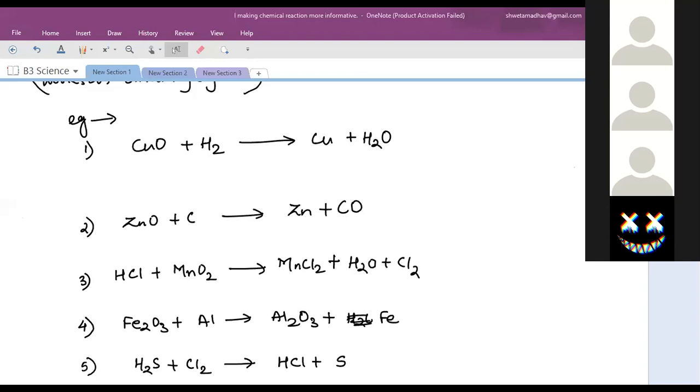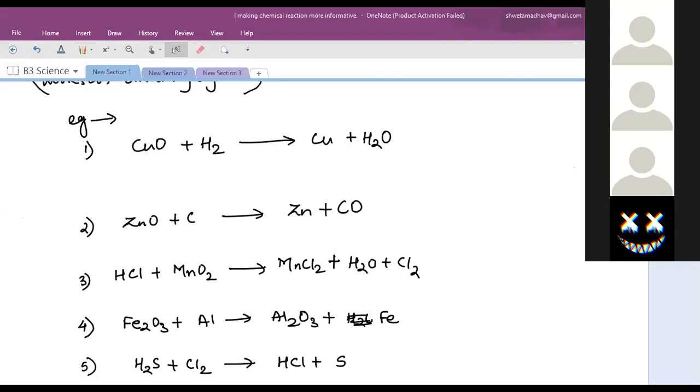Aluminium is getting oxidized, so how will it become oxidizing agent? The substance which is oxidized works as reducing agent, and the substance which is reduced works as oxidizing agent. Iron is formed on the product side.